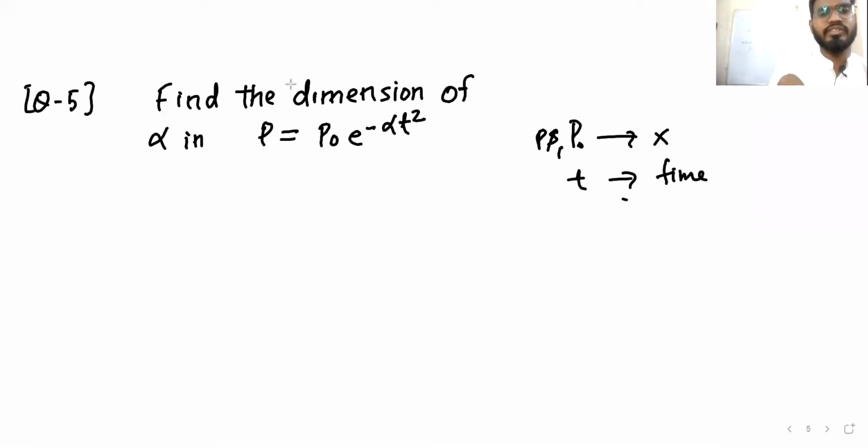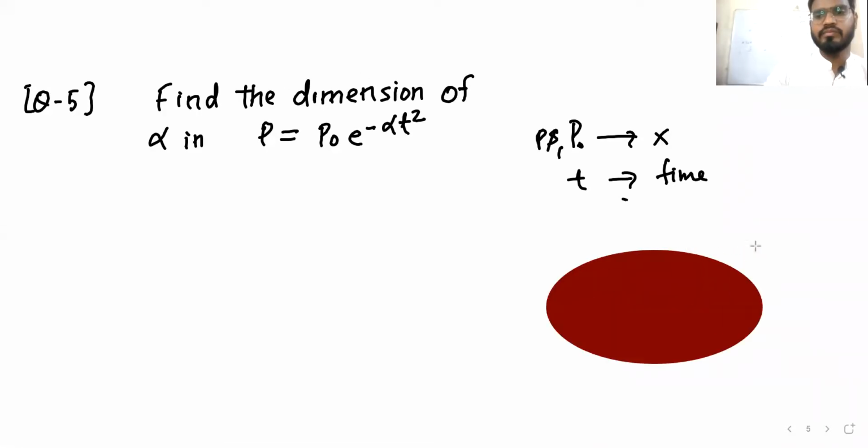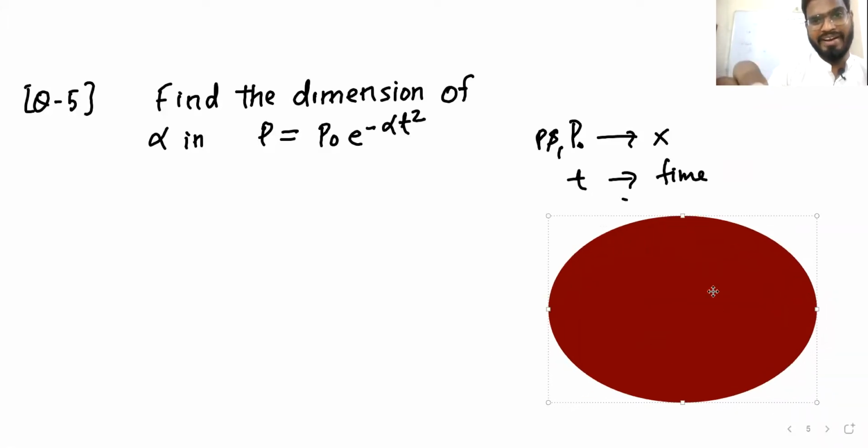We should understand the concept here. I'm writing in dark red. The concept here: let's consider 10 to the power 3.